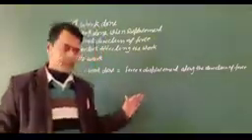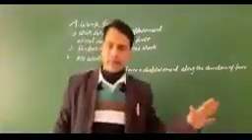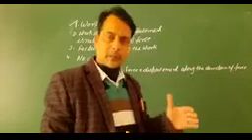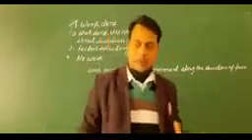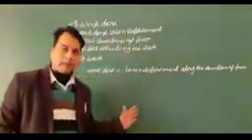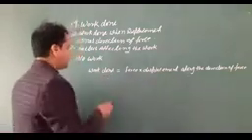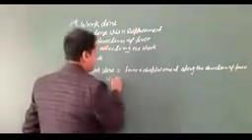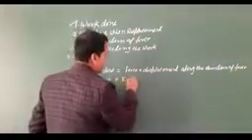So it is clear that work done is force into displacement along the direction of the force, meaning if the force acts on any object, then the object is displaced along the direction of the force, it is said to be the work done. Now we can write here W equal to F into S.